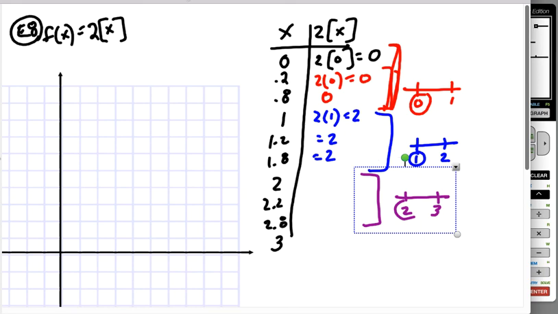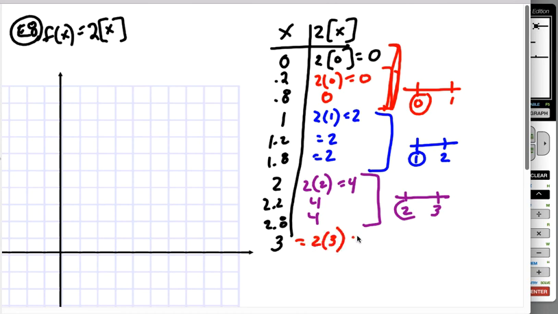So they're going to be a 2 times a 2, which means they're going to be a 4. And when we jump to 3, it's going to be 2 times 3, which is going to jump us up to a 6.